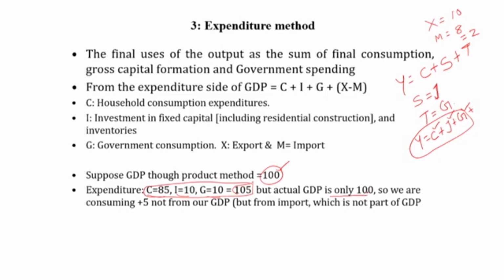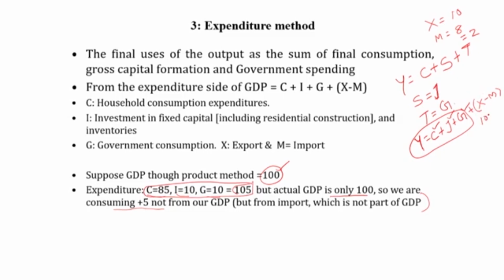So we are consuming here, suppose in this example, 5 not from our GDP but from import, which is not part of the GDP, because GDP means the goods and services produced within the domestic territory of a country. So if we want to calculate the expenditure side of the GDP, we need to subtract X minus M. In this case, suppose export is 10 and import is 15, then minus 5 we need to subtract.